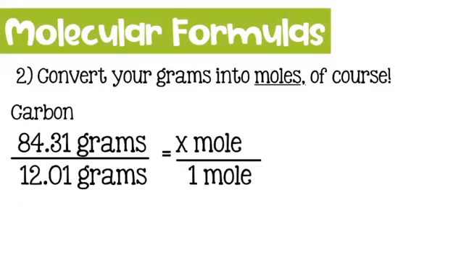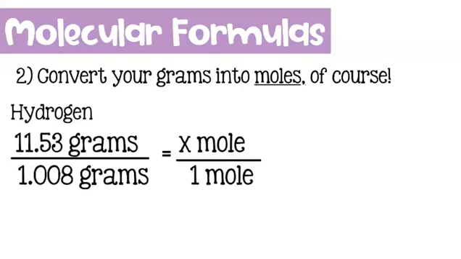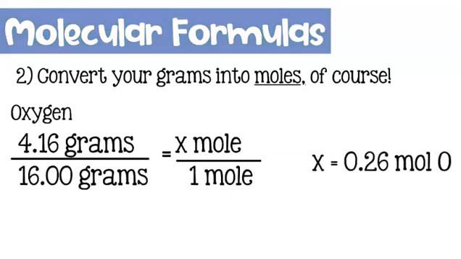We can then convert our grams into moles. So carbon would be 84.31 divided by 12.01, which is 7.02. Hydrogen would be 11.53 divided by 1.008, which is 11.44. And oxygen would be 4.16 divided by 16.00, which is 0.26.